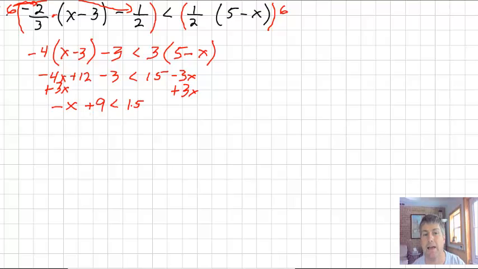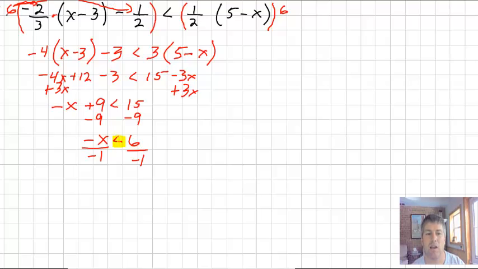Now you could add x to both sides. I'm not going to do that. I'm just going to subtract 9 and get the opposite of x is less than 6. And I'm going to divide both sides by negative 1, only for the purpose that, again, I have to change the direction of the inequality.